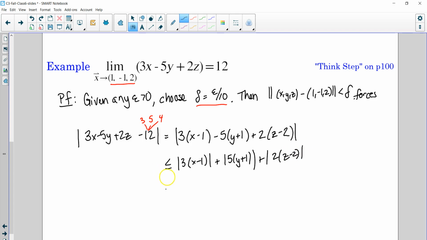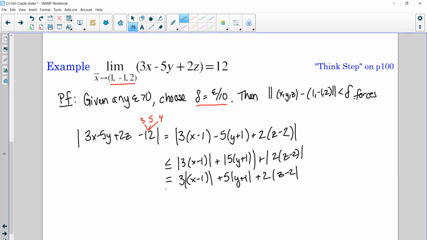I can pull the constants out: 3 times the absolute value of x minus 1, plus 5 times y plus 1, plus 2 times z minus 2.